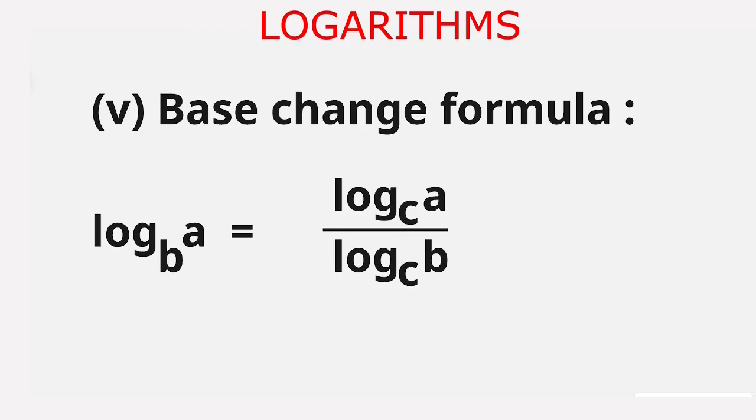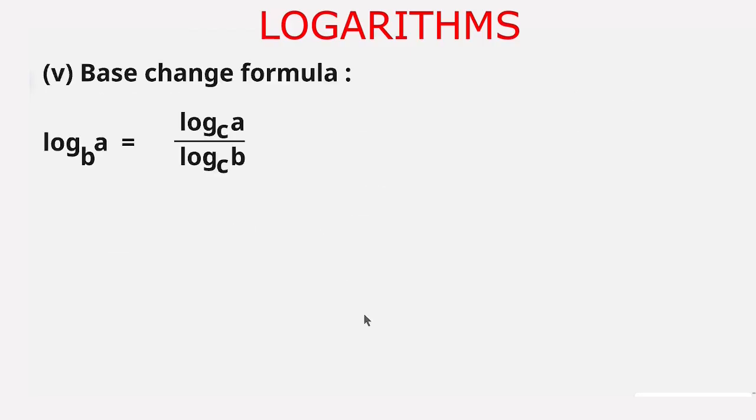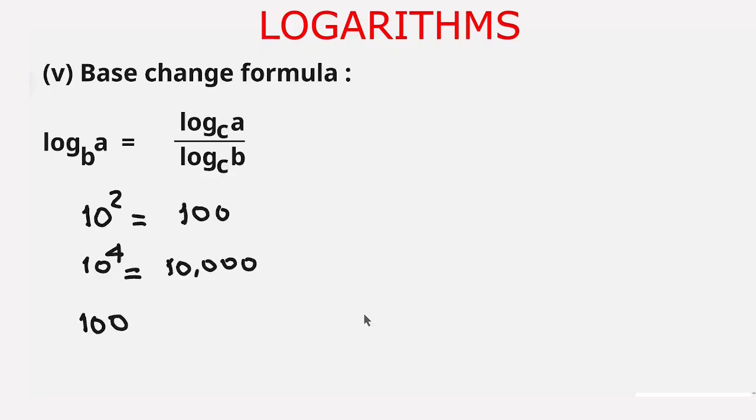We can prove this formula from the example. We know that 10 to the power 2 equal to 100, 10 to the power 4 equal to 10,000 and 100 to the power 2 equal to 10,000. Now we use these three numbers to prove our formula of base change.